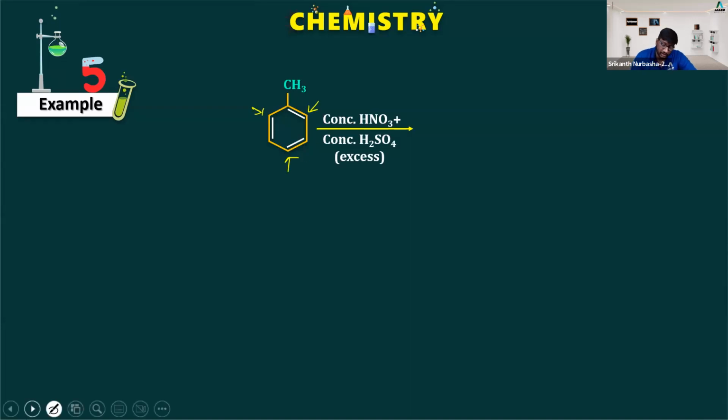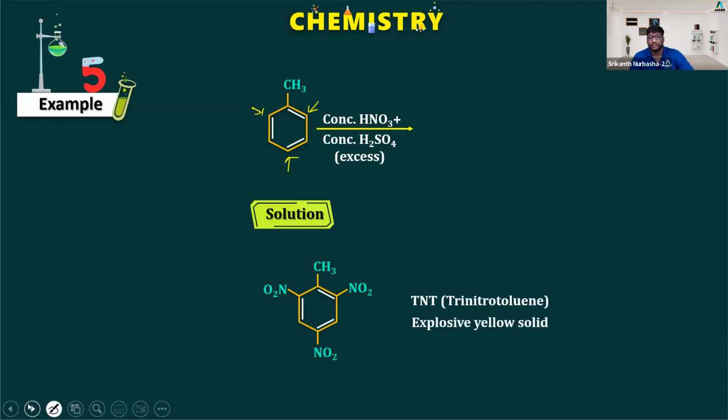That is nothing but TNT, trinitrotoluene, which is an explosive yellow solid. That means using chemistry we can actually produce a lot of explosives as well. So whenever you have taken toluene and treated with concentrated HNO3 in the presence of excess H2SO4, you will get trinitrotoluene, which is an explosive yellow solid.